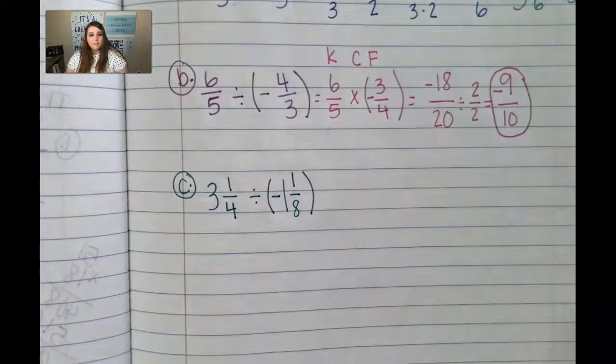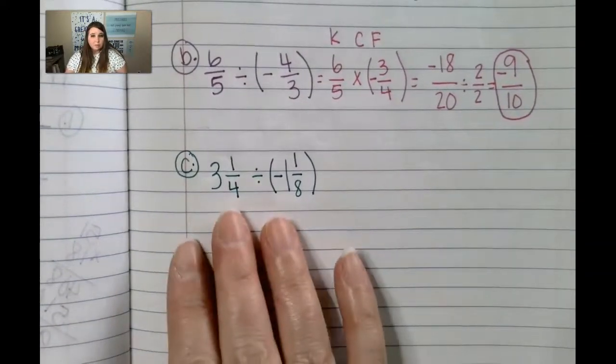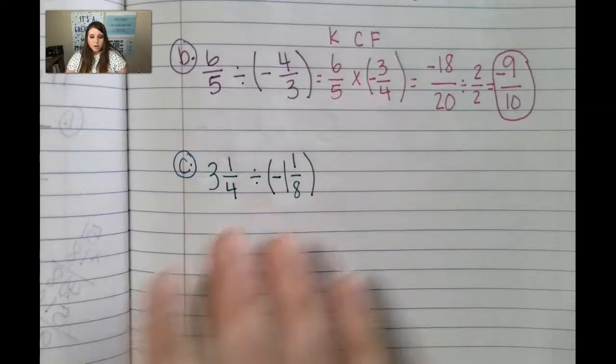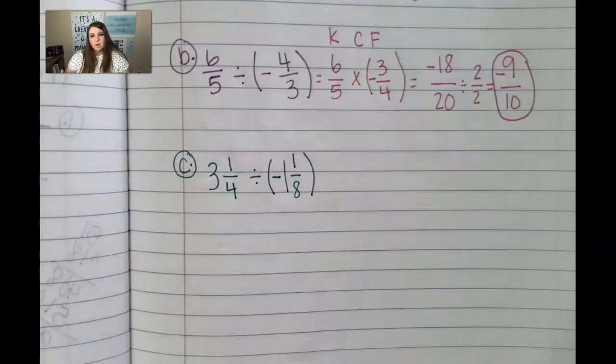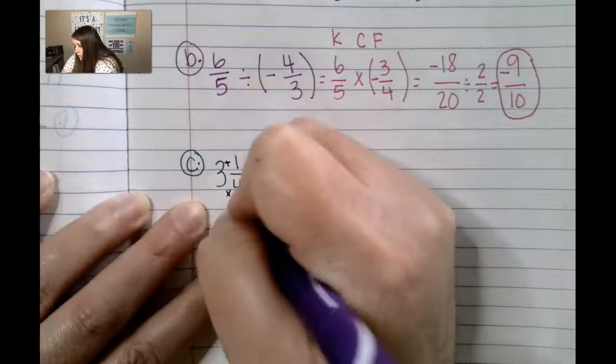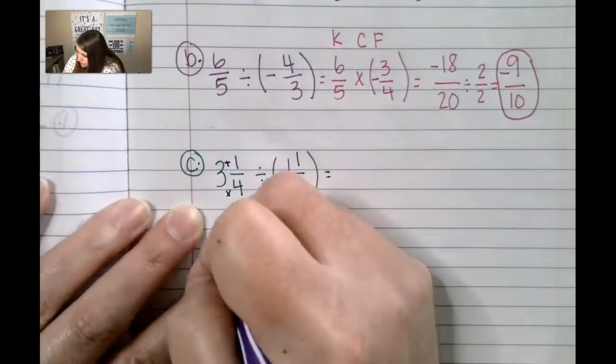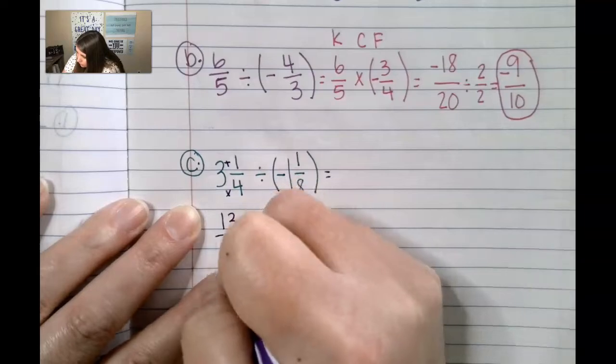All right, so our first step is going to be to convert this problem into improper fractions. So let's talk about converting here. So multiply here, add here. So 12 and 1 is 13. So this is really 13/4.